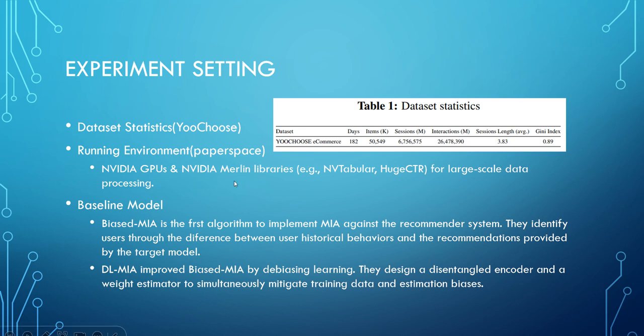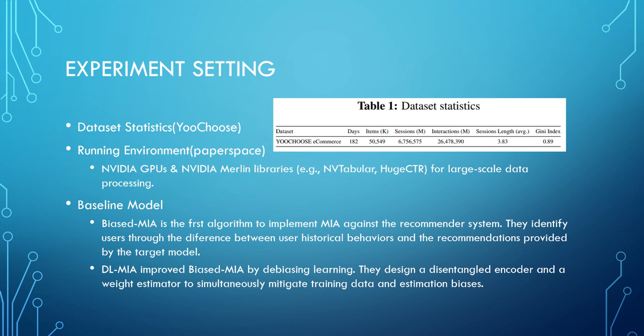I can also use NVIDIA libraries like NVTabular or HugeCTR for large-scale data processing. That's the reason why we choose Paperspace. It's easy to speed up the data processing for large-scale data.